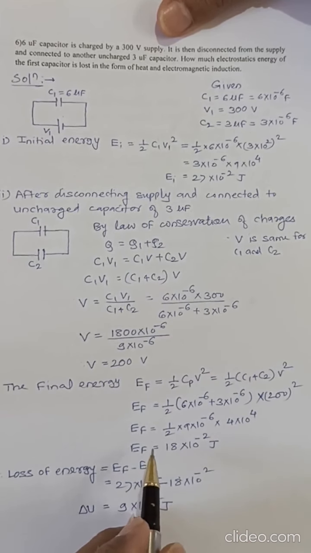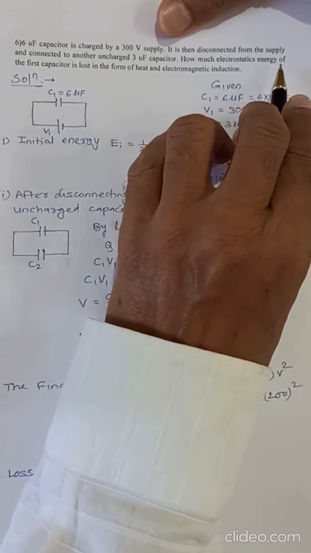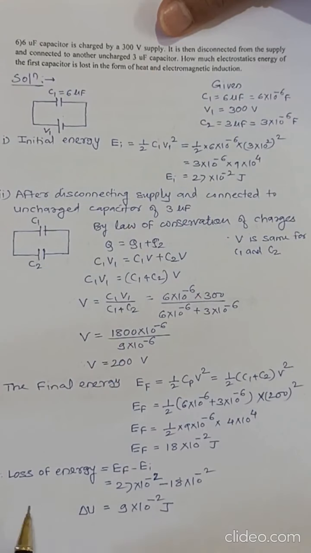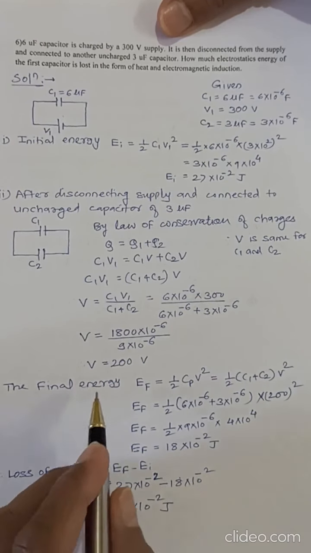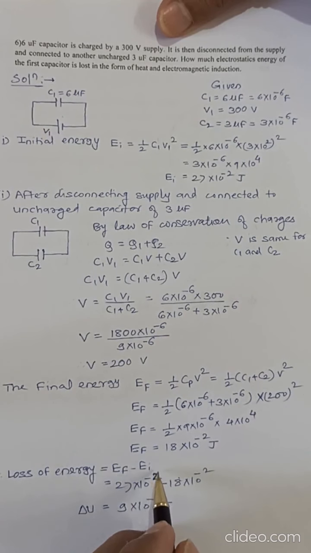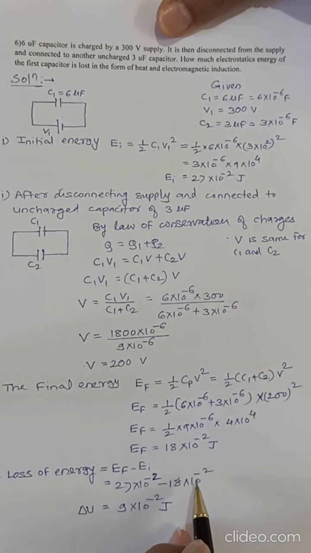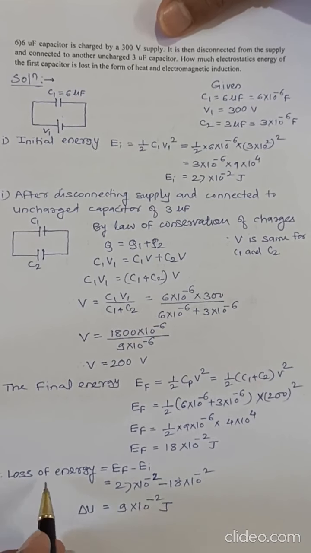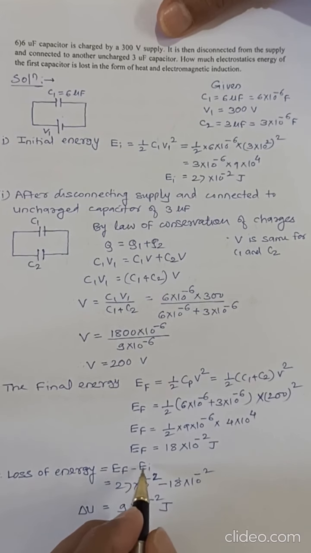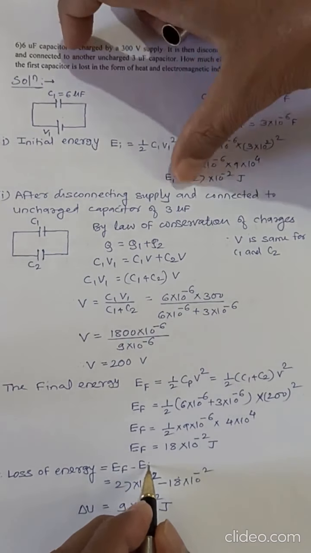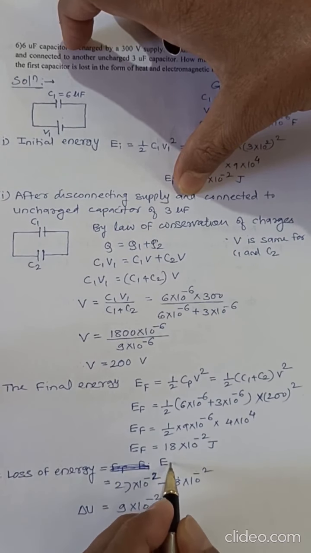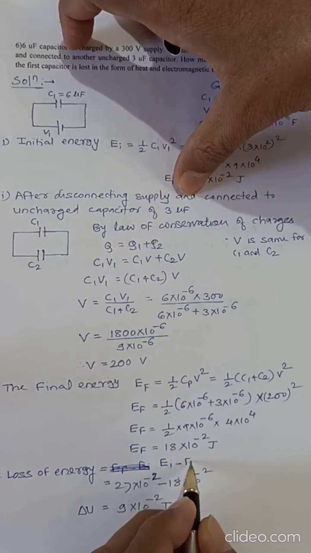But the required quantity is how much electrostatic energy of the first capacitor is lost in the form of heat and electromagnetic induction, and therefore the loss of energy is equal to initial energy minus final energy.